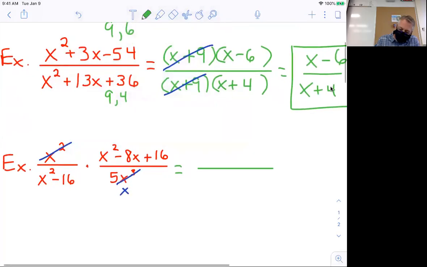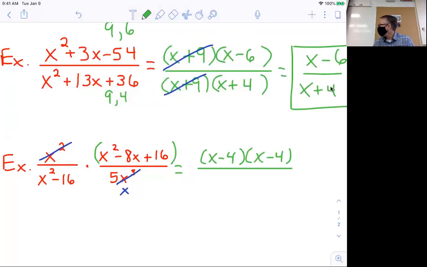So now, when I factor that top right part, I need factors of 16 that give me 8, which would be x minus 4 times x minus 4, because I need to get negative 8 from my outside and inside.